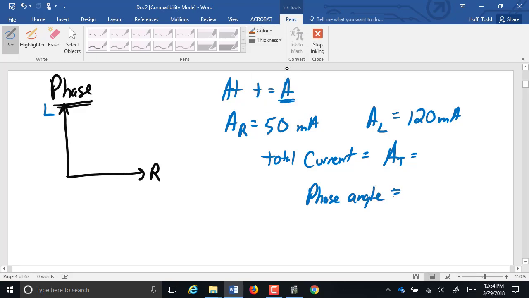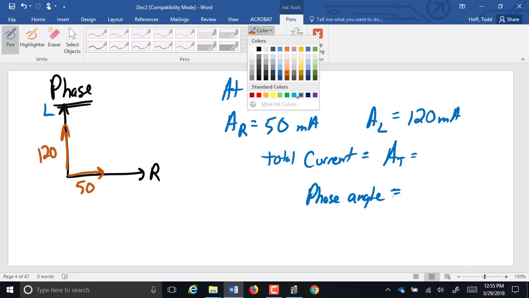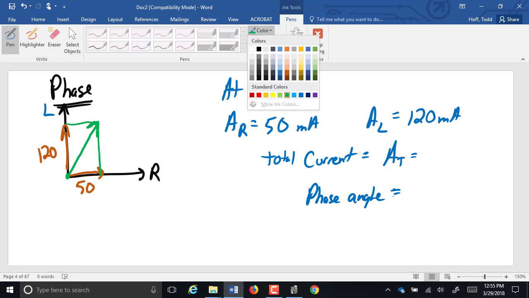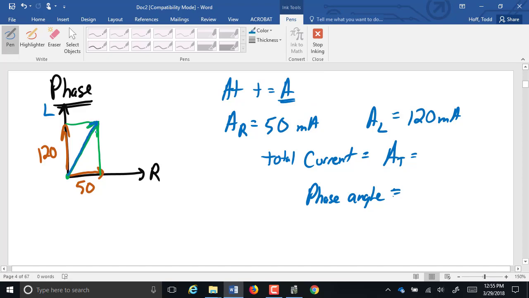Well, I use this diagram here. The resistance is in this direction, that's going to be 50. The inductance is in this direction, that's 120. And what we can do with it is we actually make a rectangle. We connect the origin to the far corner of the rectangle. That line I just made there, I'm going to change the color just a little bit. In blue is the resulting current. How do I find the length of that line?